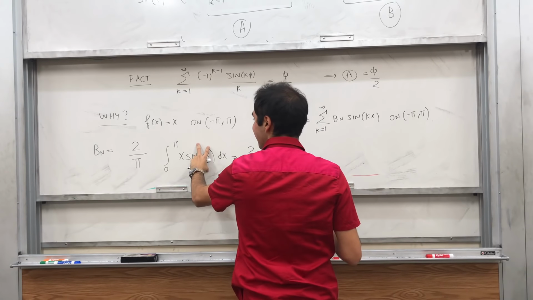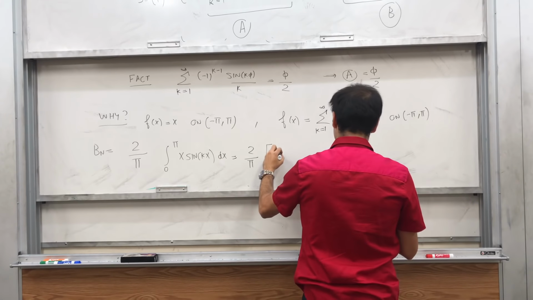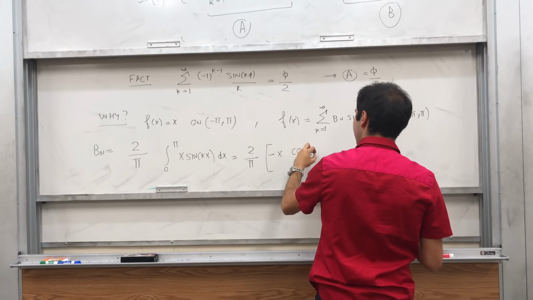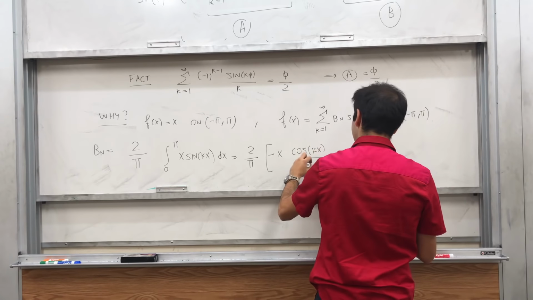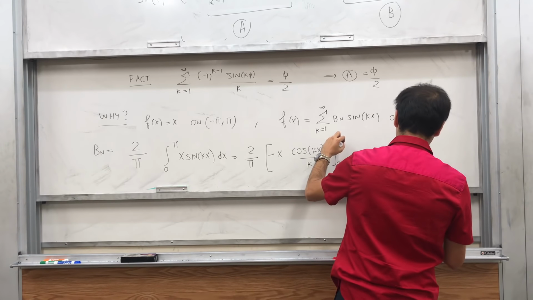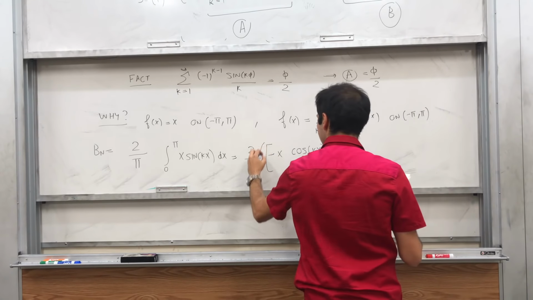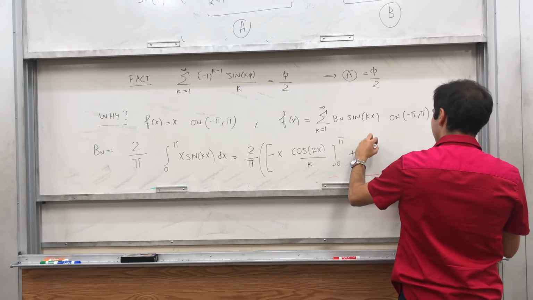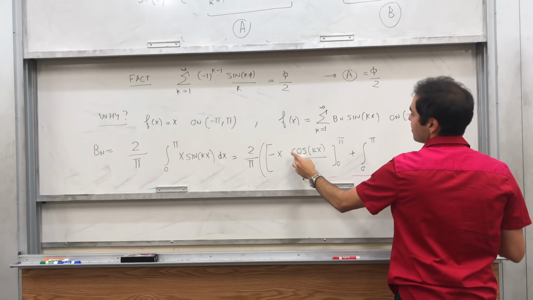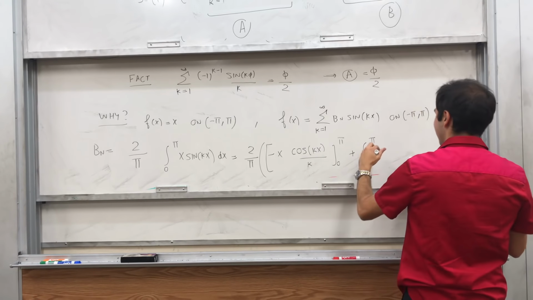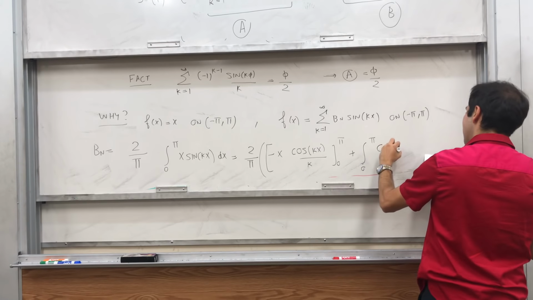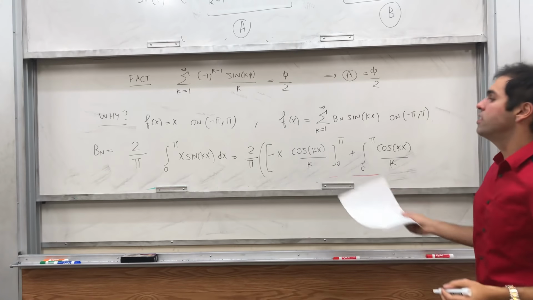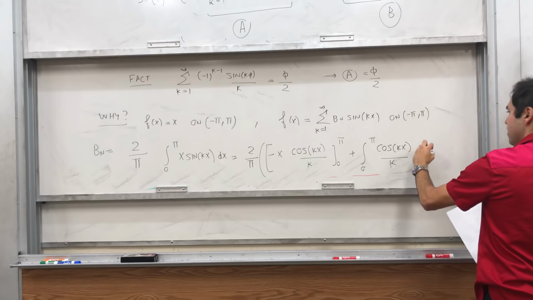So that's 2 over pi. Anti-differentiate this: x times minus cosine kx over k from 0 to pi, plus, so minus minus, the integral from 0 to pi of cosine kx over k times the derivative of x, which is 1.